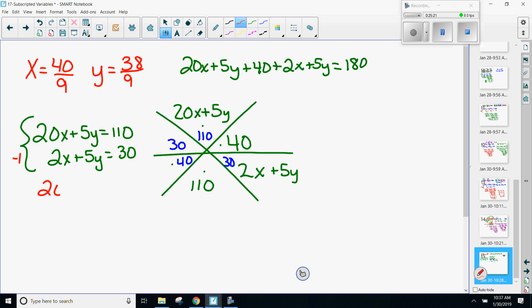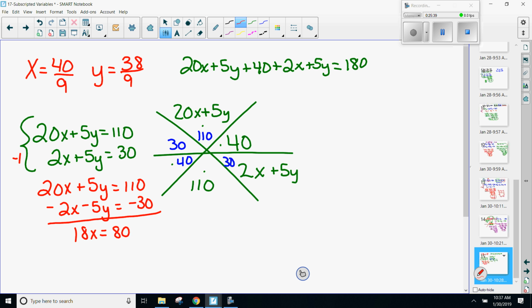So you get 20x plus 5y equals 110, and -2x minus 5y equals -30. So 18x is equal to 80. You divide by 18. So x is equal to, divide by 2, and you get 40/9.